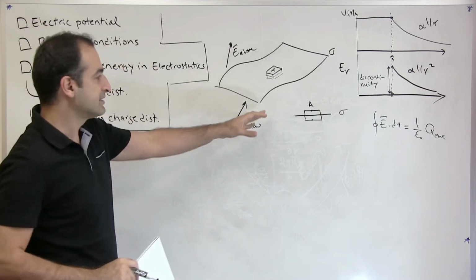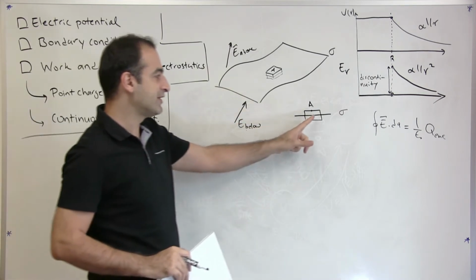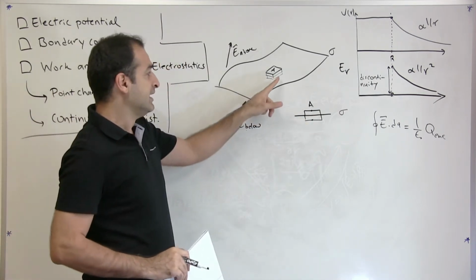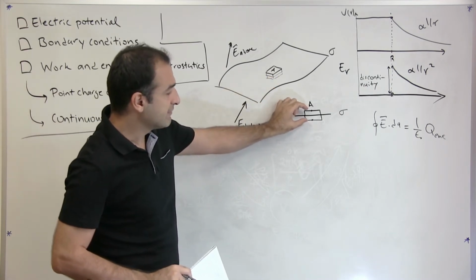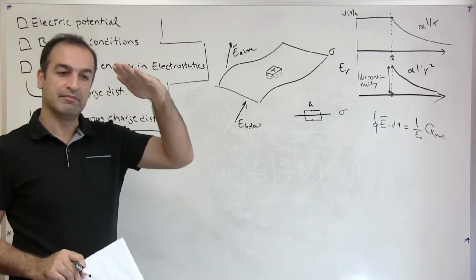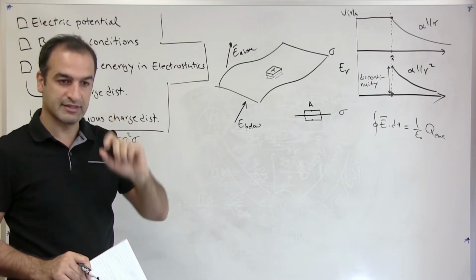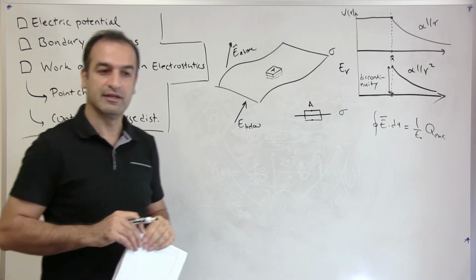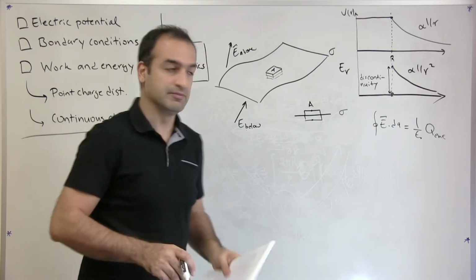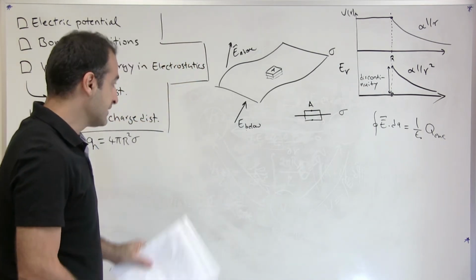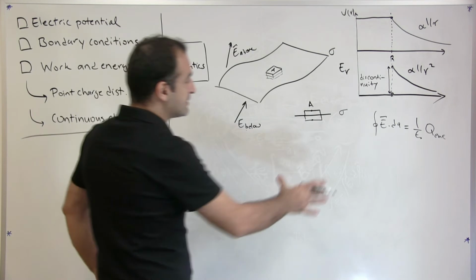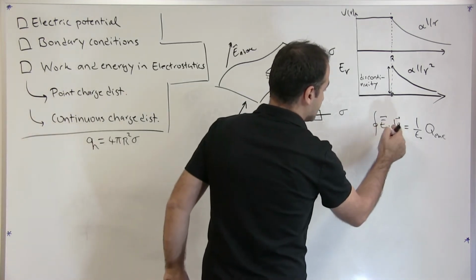And in this case, the charge inside the box is only from the surface, because the box we chose here is very, very tiny, and the top and bottom sides of the box are so close to the surface charge distribution. Sounds good? Now, if we do this integral, you remember that it's a dot product.